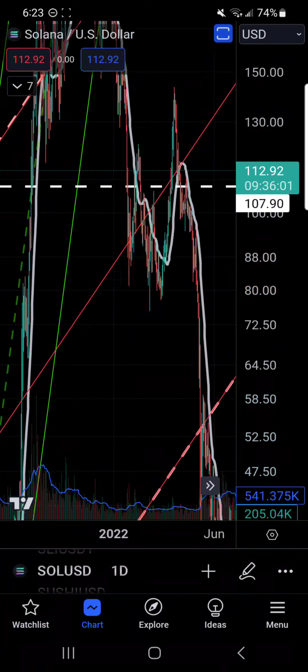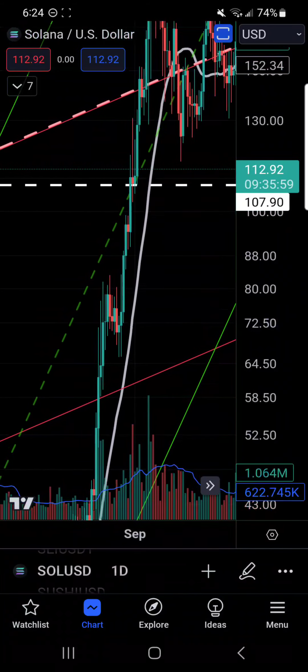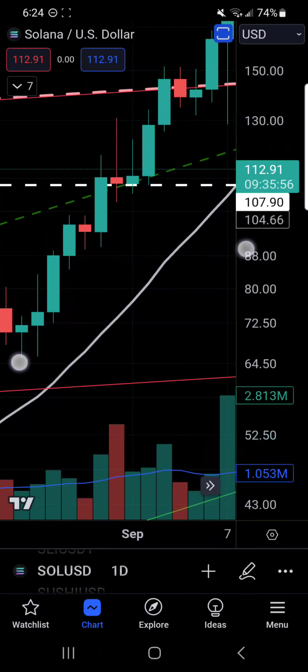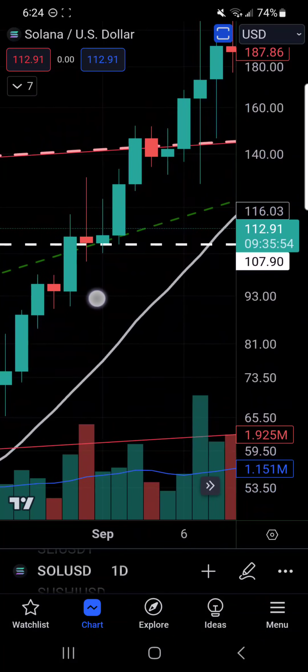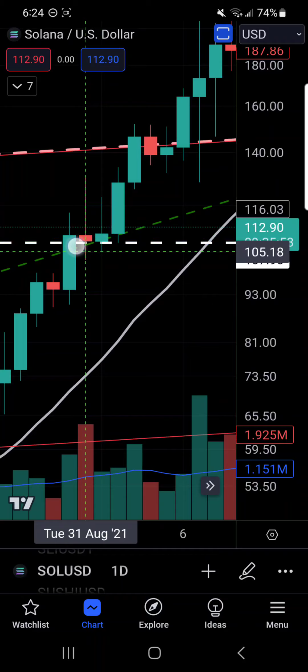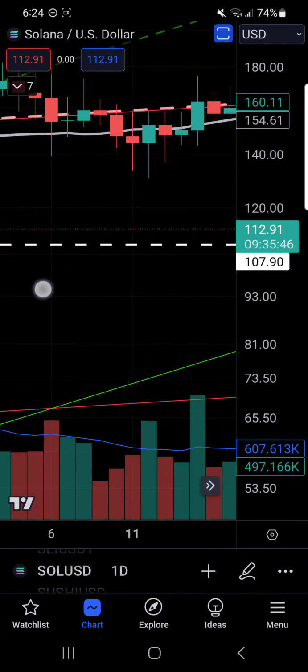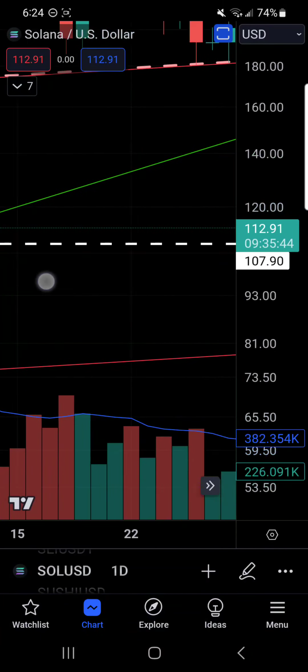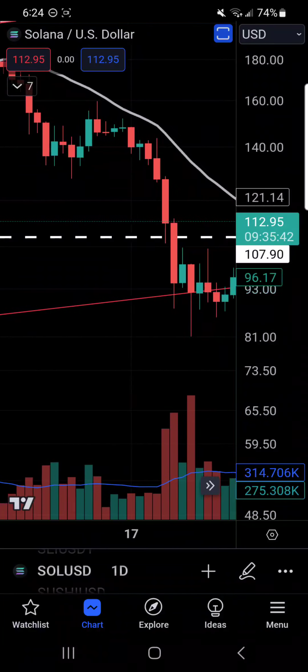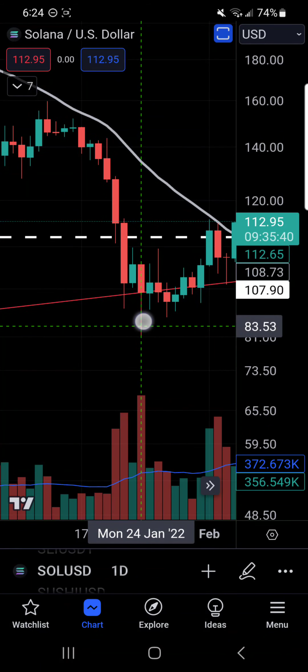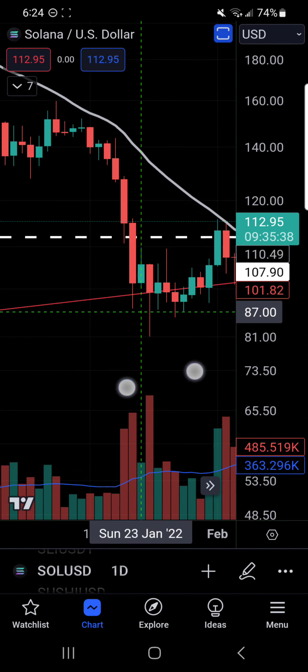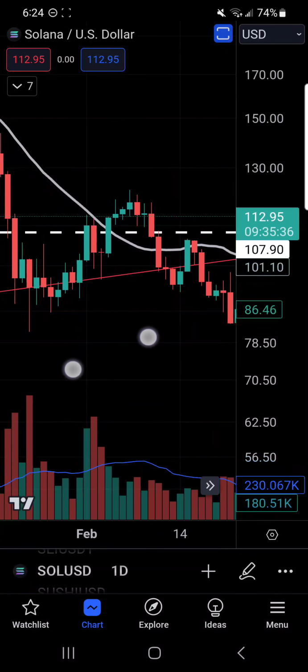Nope. Wait. Right there, yeah. So that was support right back here in August of 2021, as well as various levels of support and resistance here in the first part of 2022.